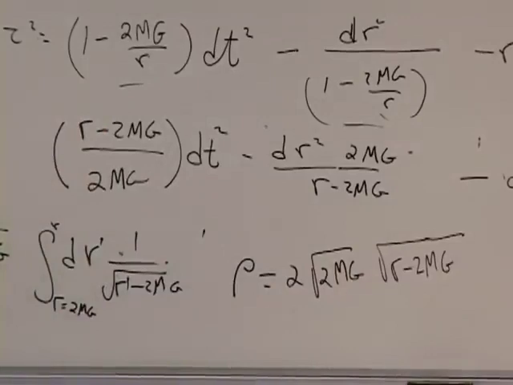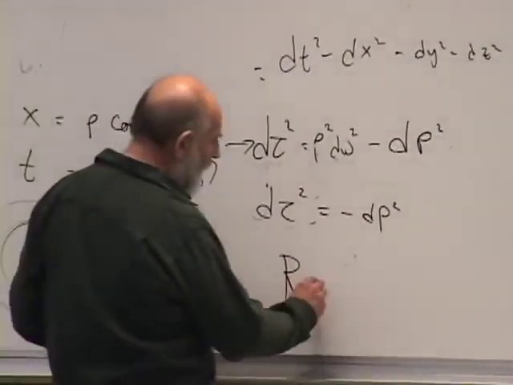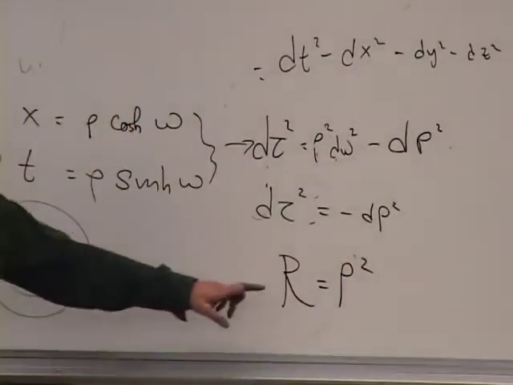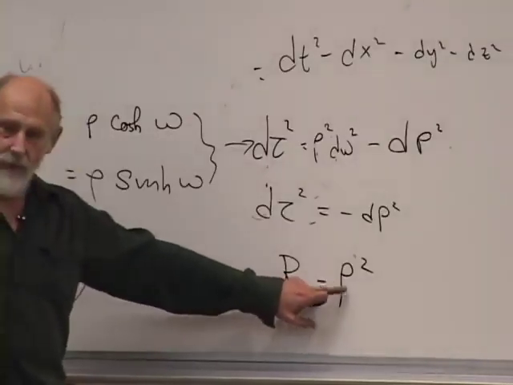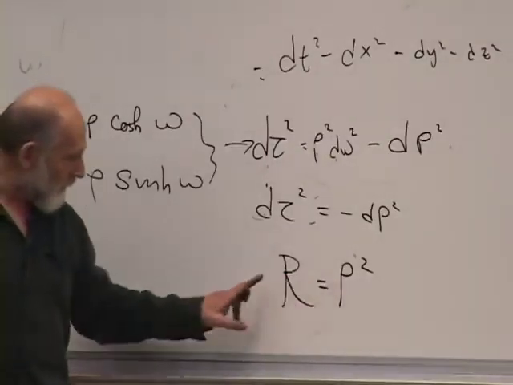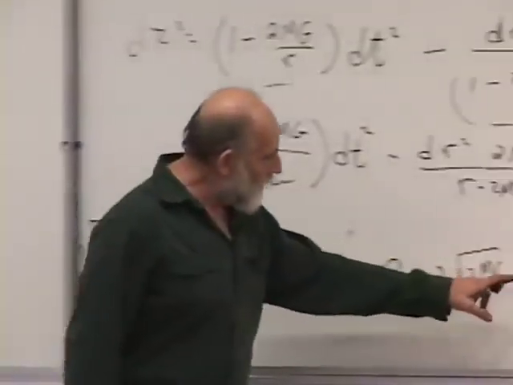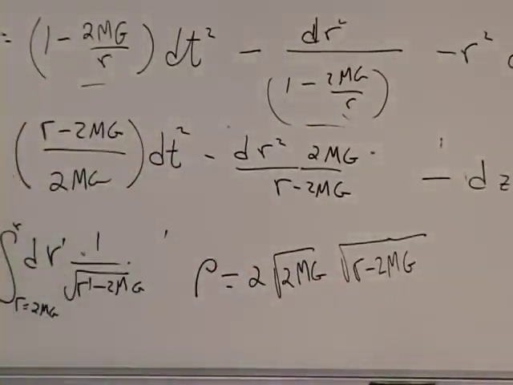Let's see, if you remember, r was equal to rho squared. Again, there was a variable over here which was related to a variable over here by a square root. Rho is equal to the square root of r. Here we have rho related to the square root of r minus 2mg. So they do look similar.